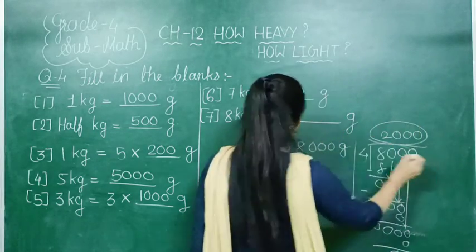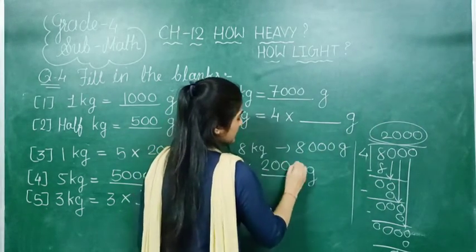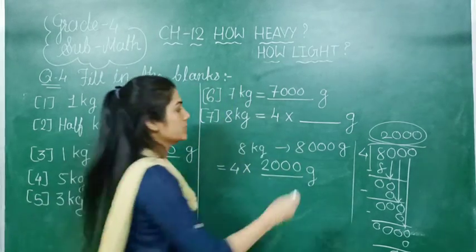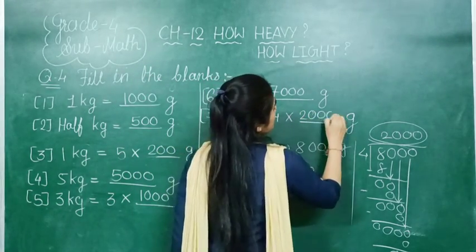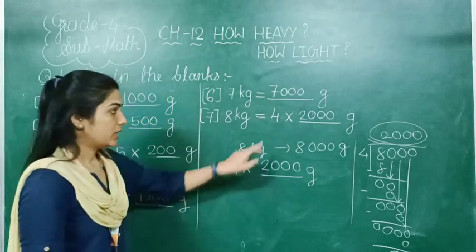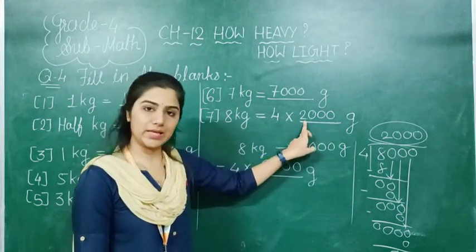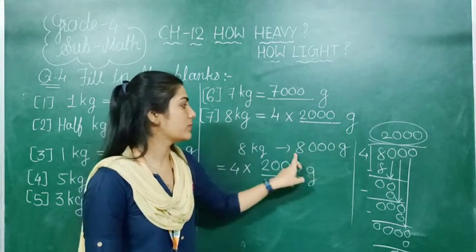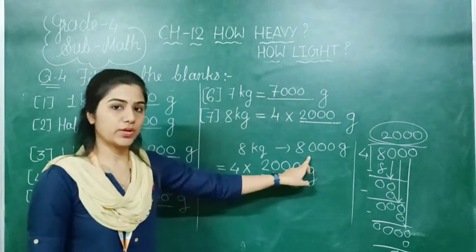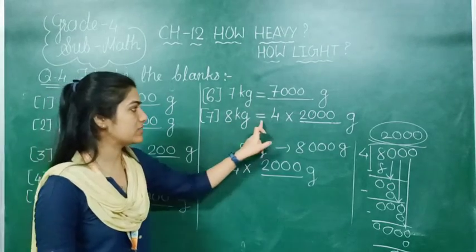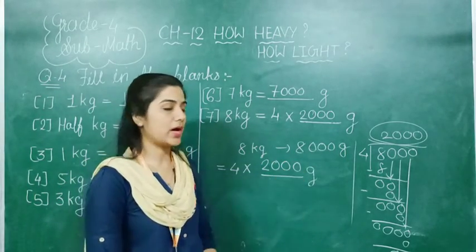So 2000 we will get as our answer. So we will put 2000 gram. See, 4 multiplied by 2000: 4 2s are 8, and at the back the 0s, means 8000 gram. So it remains the same, 8 kilogram is equal to 8000 gram. This is our answer.